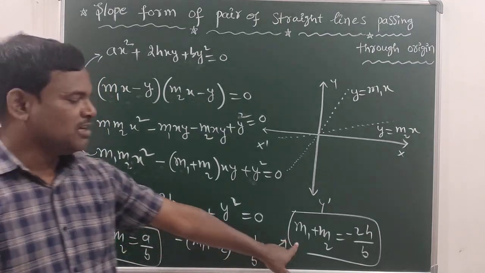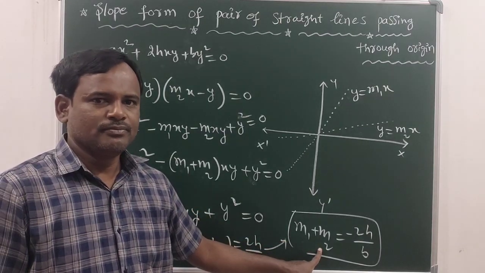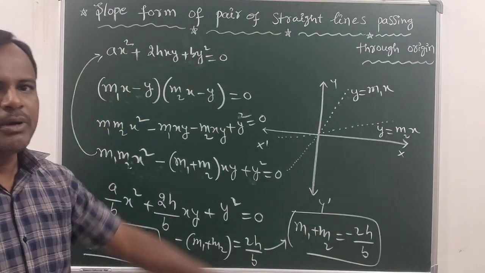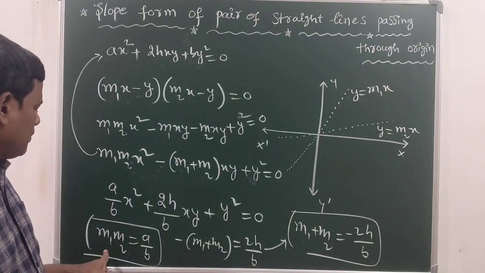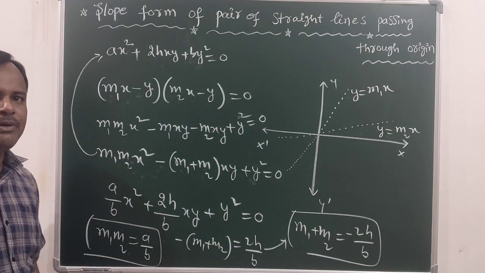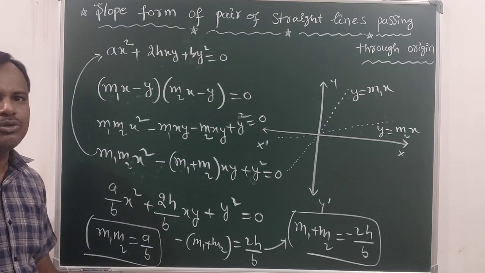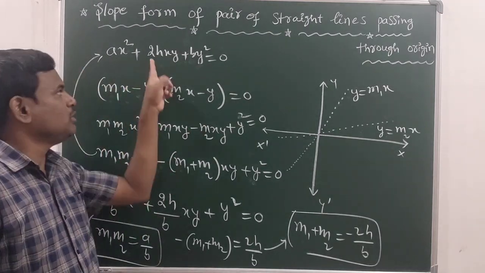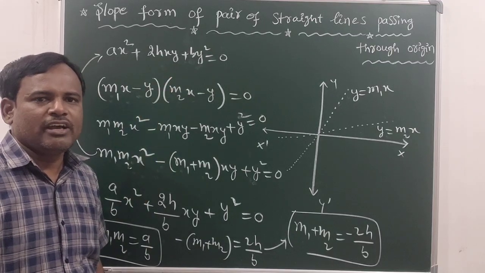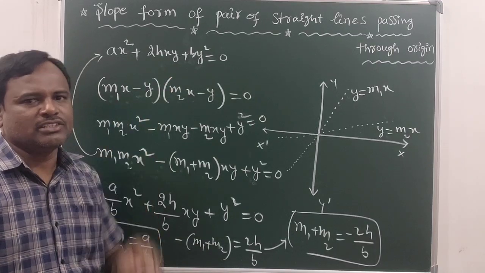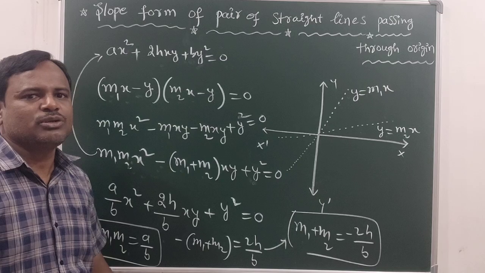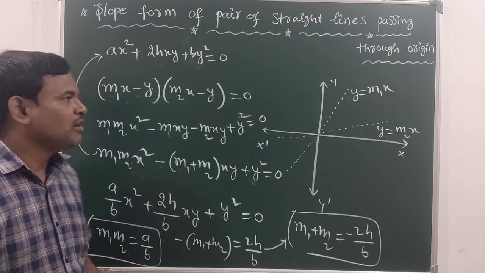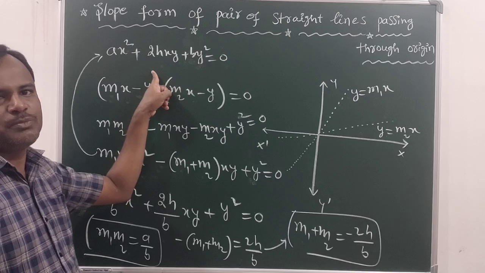Remember these two relations. So this is the sum of the slopes of these two lines, minus 2h by b, and the product of the slopes a by b. So when you go to the problems, this pair will be given to you, which have two line equations, and they will ask you to find the sum of the slopes of lines represented by this pair.